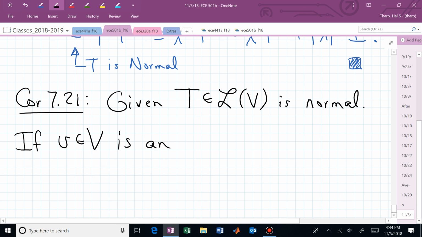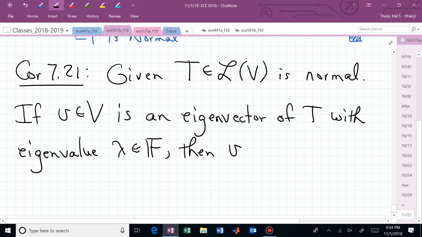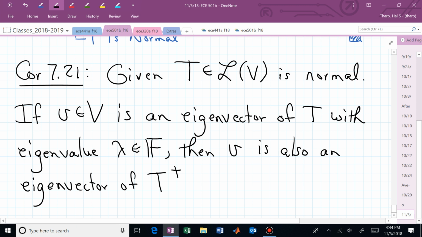Let's say that it is an eigenvector of t with eigenvalue, let's just say it's lambda in our field F, then that same vector v is also an eigenvector of the adjoint of t with eigenvalue equaling the conjugate of the original eigenvalue lambda.